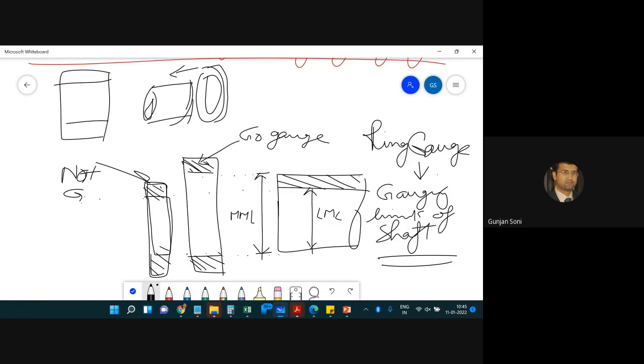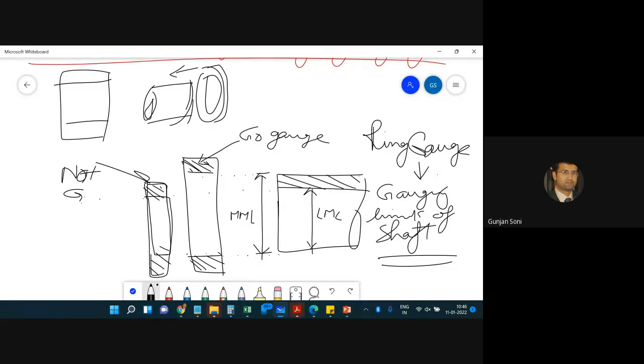Like it was there in the video, when you are inserting the plug gauge in the hole, the go gauge was also, besides simply checking the dimension, checking the circularity and straightness of the object, of the hollow cylinder. So the second point says that it should be able to check the related dimensions also.